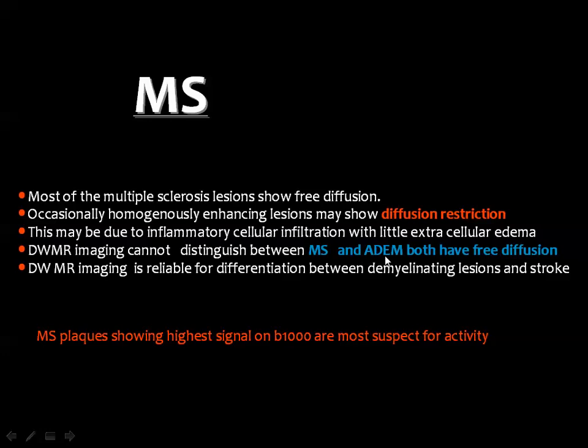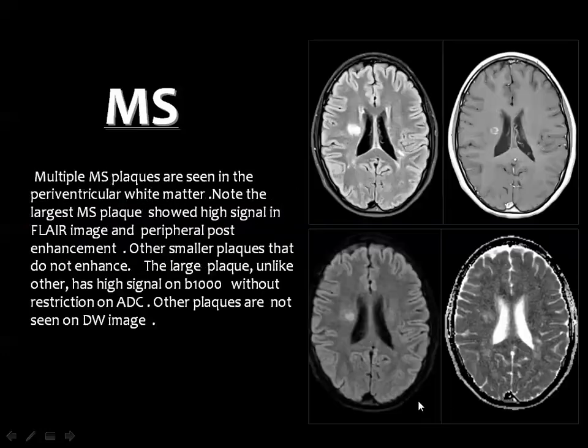In spite of that, ADEM is an inflammatory process which is expected to induce diffusion restriction, but ADEM in particular will show free diffusion. Lesions of ADEM will show free diffusion, and also lesions of MS will show free diffusion. Then here you see a lesion of MS which is well demonstrated in the FLAIR image.